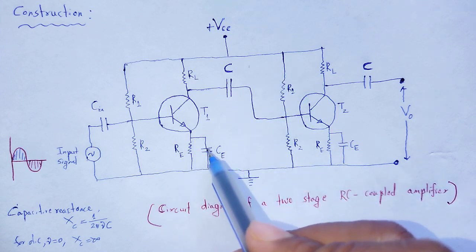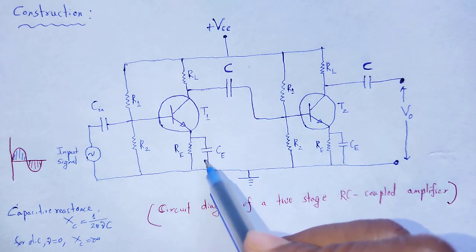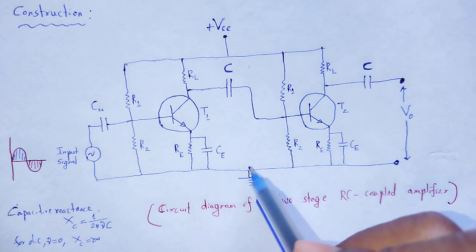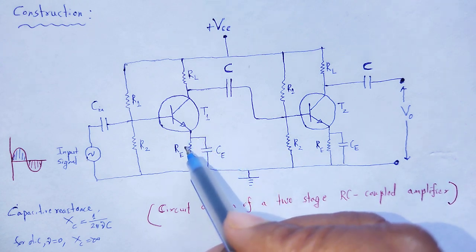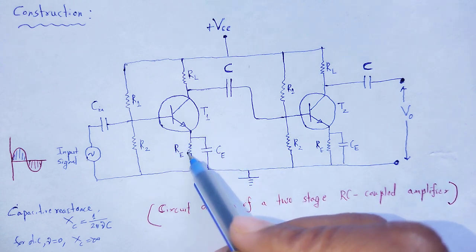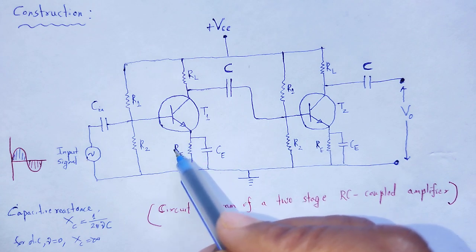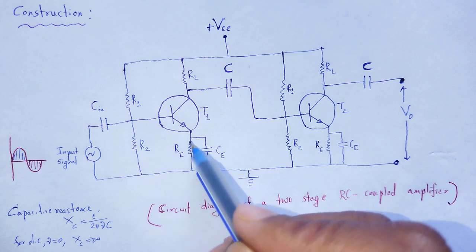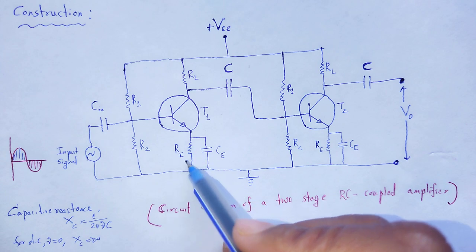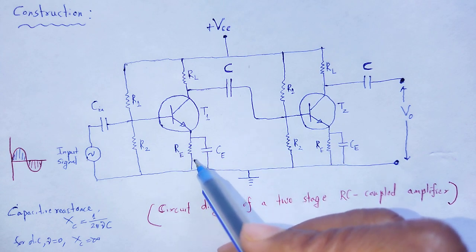Next, CE allows AC through it and obstructs DC. Again it is used to minimize the voltage drop across RE.